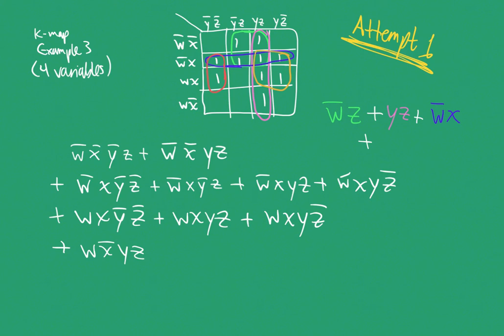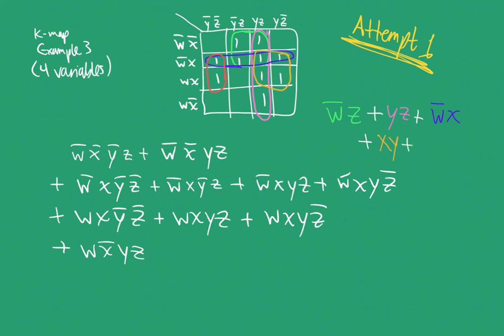So we have this goldenrod 2 by 2, which would be what? Well, we have both types of w, w or not w, and we have z or not z. In other words, this is just xy. So I have xy here.